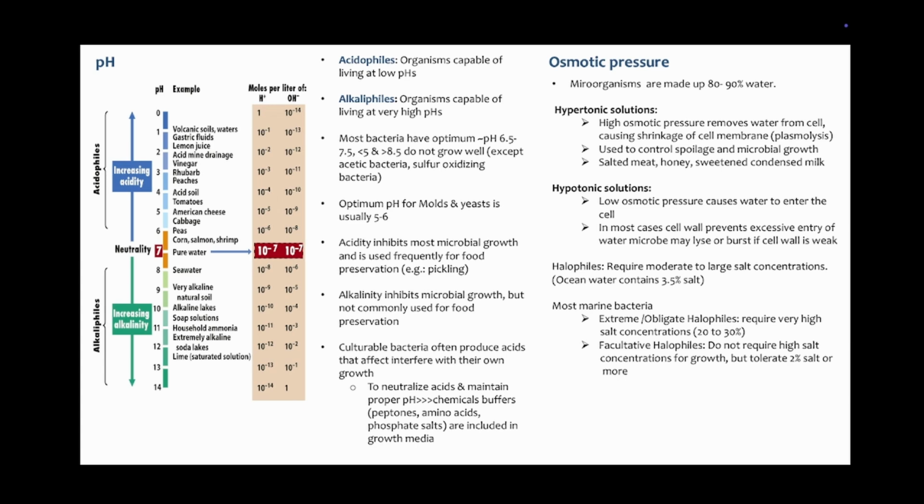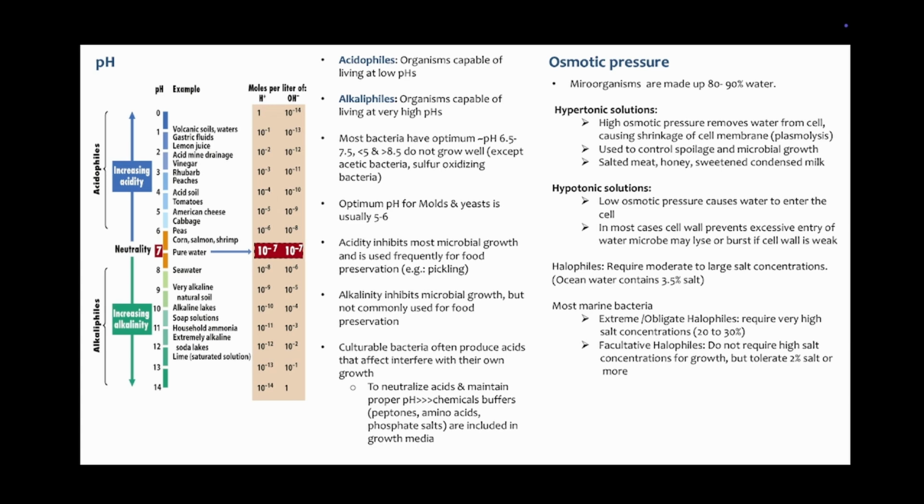Okay. Then for neutral conditions, you have usually pure water. But once you reach seawater, it's alkaline. Okay. And the alkaline are mostly the soaps, and you have also alkaline lakes.